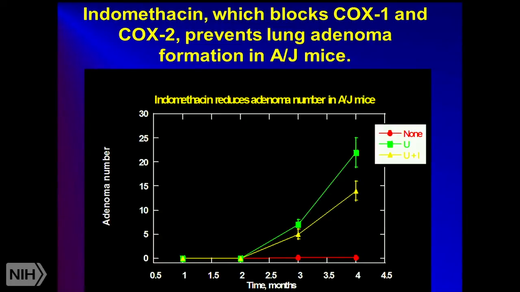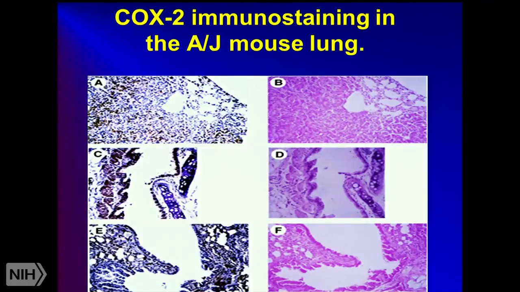In this case, animal studies were done, and in the presence of indomethacin, the number of adenomas in the lung was reduced relative to animals that were not given any treatment. If you looked at specimens of the lung in the mice for cyclooxygenase 2 enzyme by immunostaining, you found a large amount of enzyme in the bronchus.